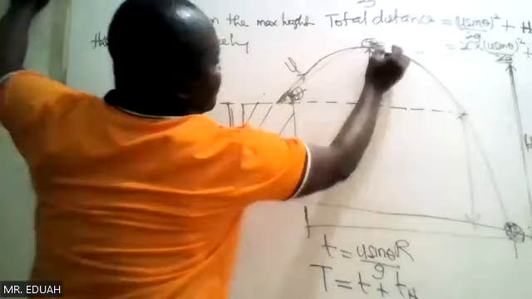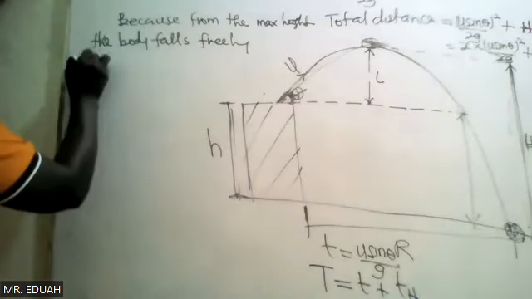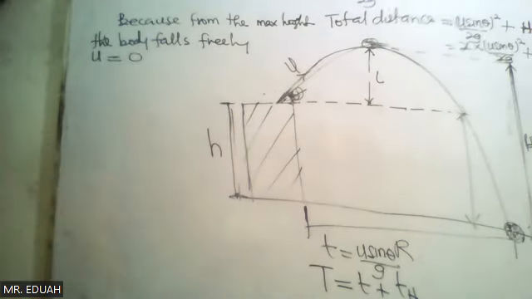The velocity at the maximum height, the initial velocity u, is equal to 0 because the body would fall freely.